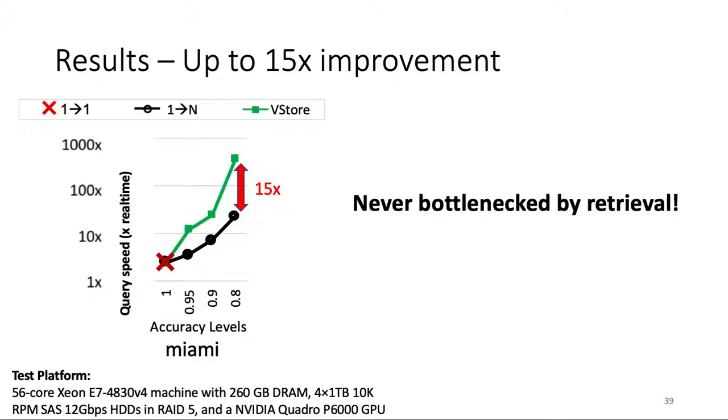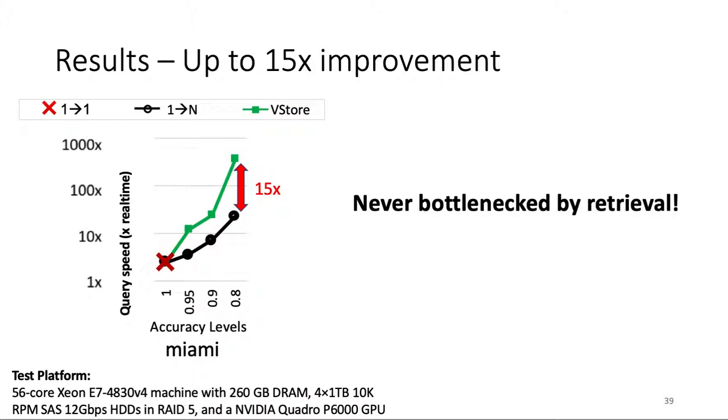So this is our major result. We have two baselines. The first baseline is 1-to-1, which means that we store the highest fidelity and consume the highest fidelity, which is 720p at 30 fps in our case. So this baseline is bottlenecked by the video retrieval and consumption. The second baseline is 1-to-n, which means that we store the highest fidelity, and at query time, we retrieve the consumption formats on the fly to satisfy the operator's need.